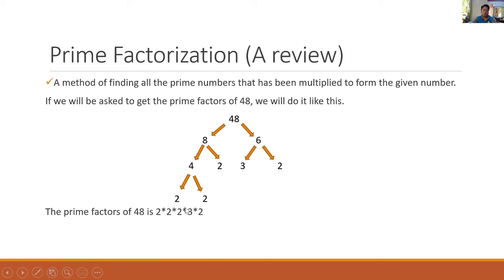Eto. And if you can still recall, dun sa exponent natin, ang sabi natin, it is the shortcut of repeated multiplication. Kung 2 times 2 times 2 times 2 yan, we can rewrite it as 2 raised to 4 times 3. This will be the prime factors ng 48 na may exponent na rin po.